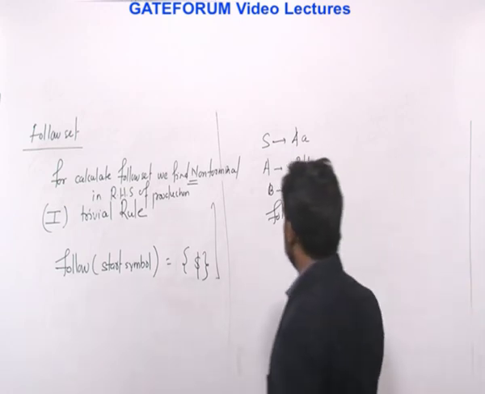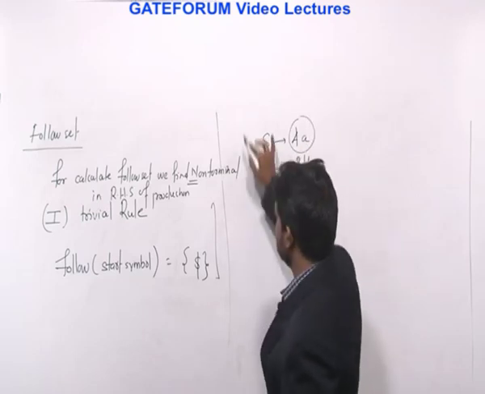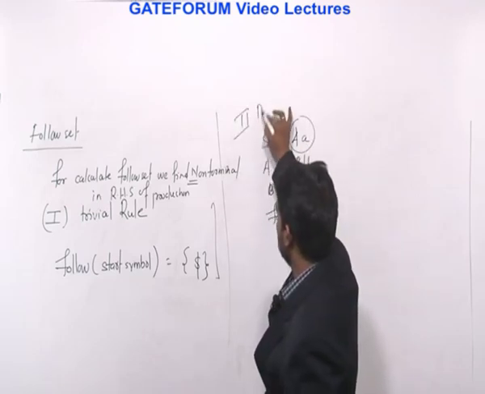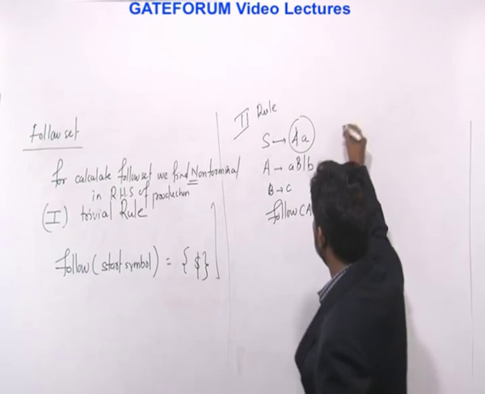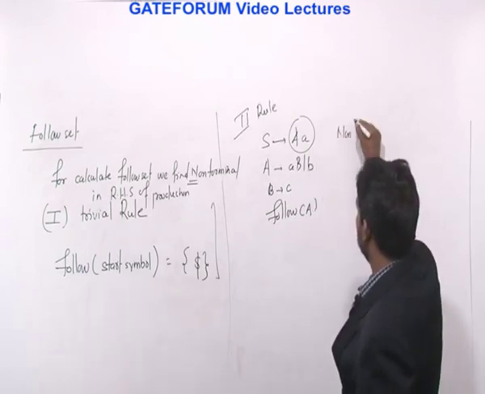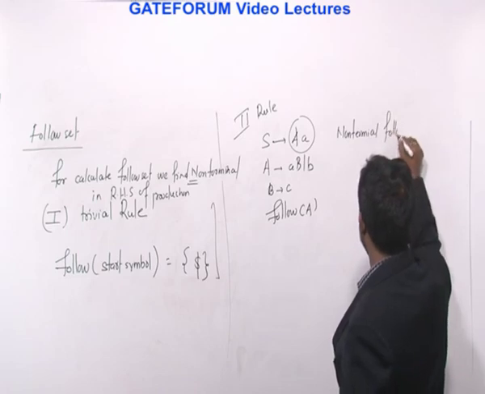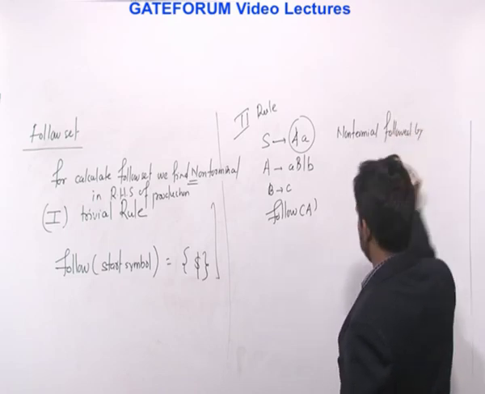You find A on the right hand side of the production. Okay, this is the second rule. And what is the rule? Non-terminal followed by terminal.